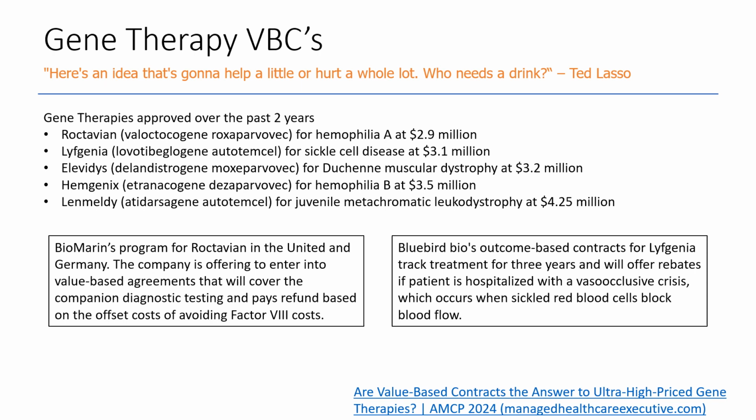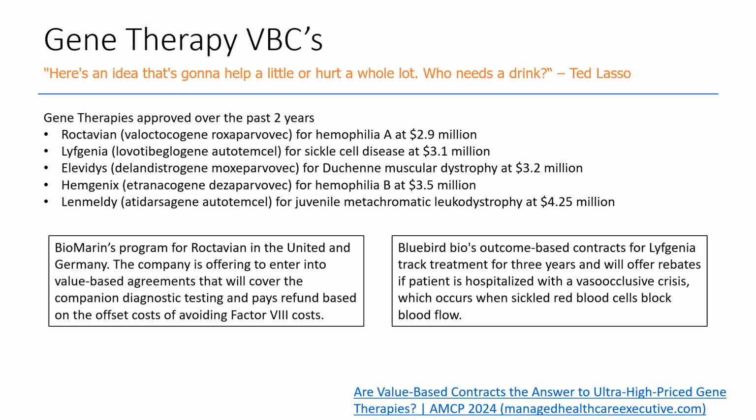BioMarin put out a program for Roctavian where they are willing to cover the companion diagnostic testing that's required to test folks for hemophilia A to see if they're eligible to take Roctavian. And they will pay a refund based on the offset costs of avoiding factors. So the assumption is you take this gene therapy and then you won't have any bleeds, and so you won't have a need for factor.